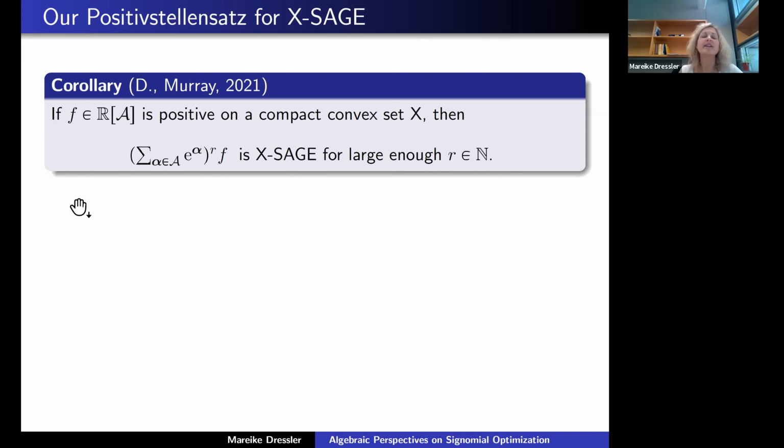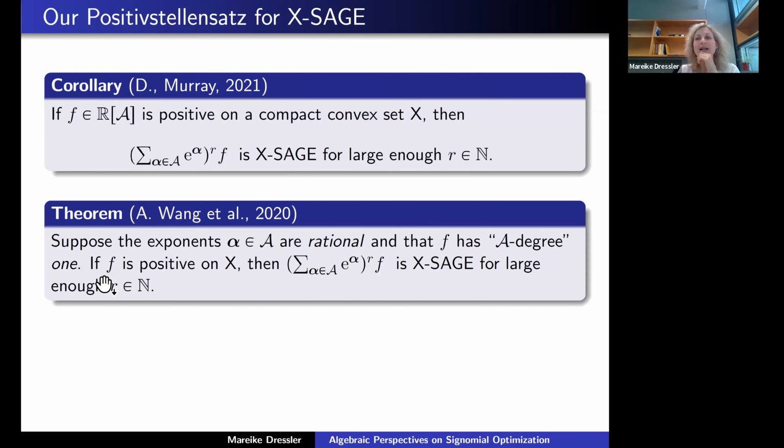This corollary in a little bit more specific form was known before. And I would like to highlight the differences, namely that previously one had to assume rational supports, whereas now we have reals.